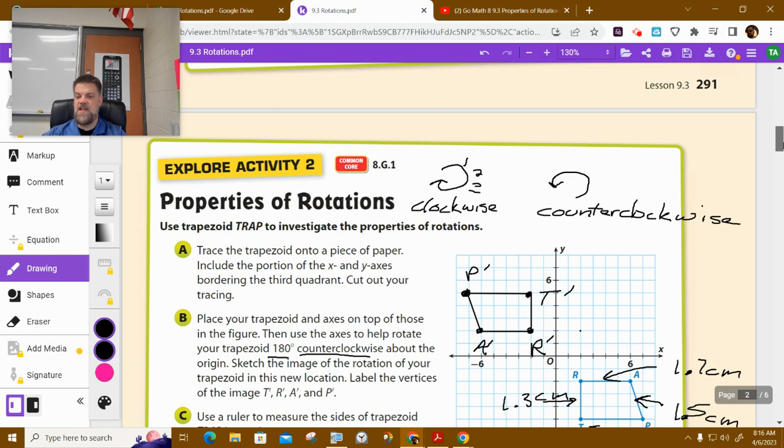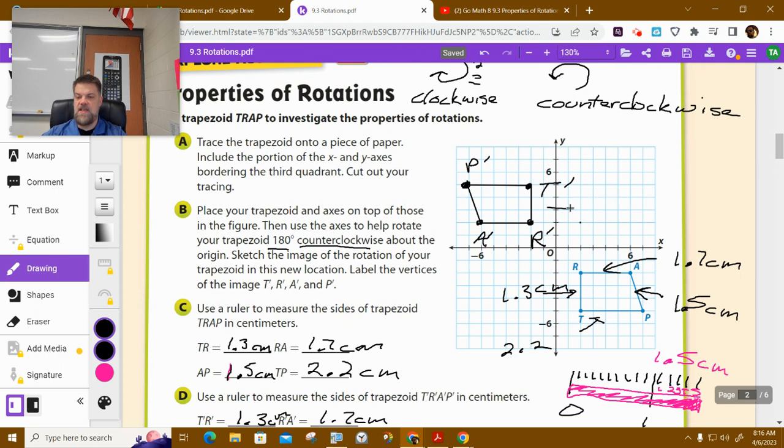And then what they're saying is that the image right here, this will also be 1.3 centimeters if you measure that. From P to T, this right here, this will be 2.2 centimeters. This little line here will be from A prime to P prime. That's going to be 1.5 centimeters.